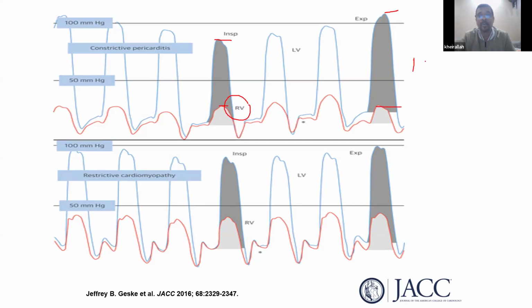So this is the discordance of constriction, while in restriction we have concordance. They go up together and come down together.